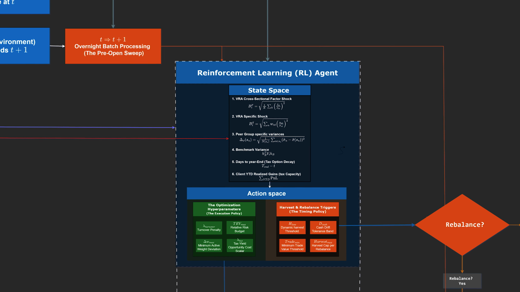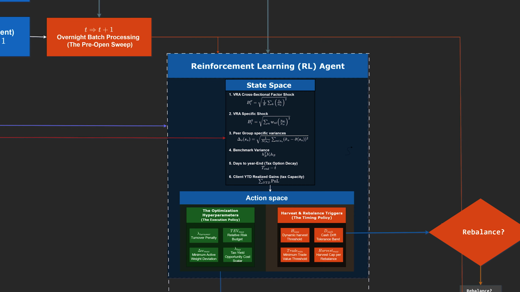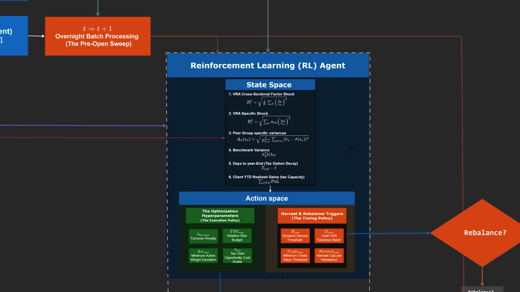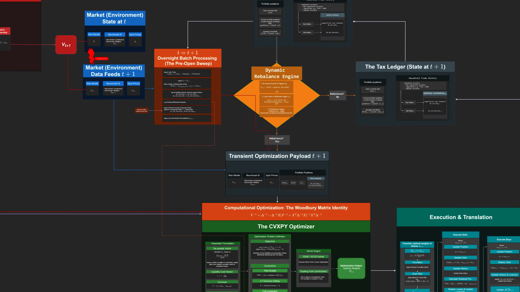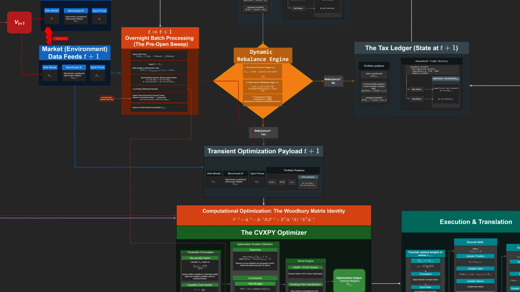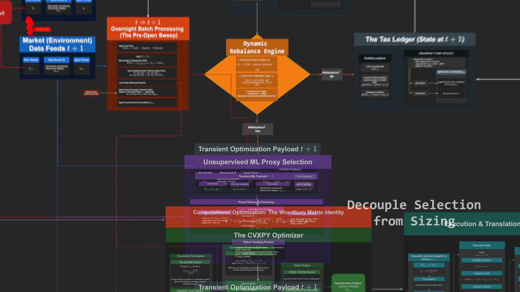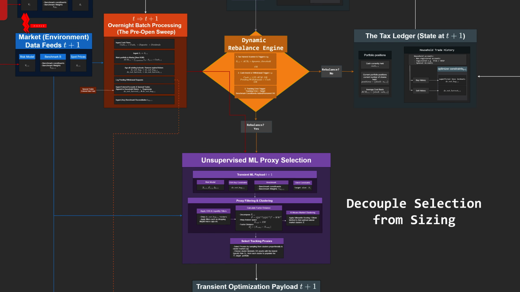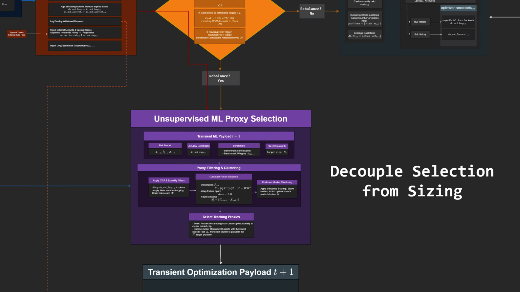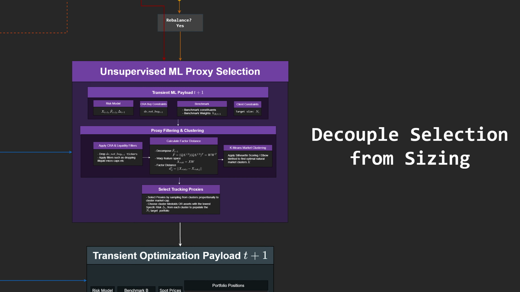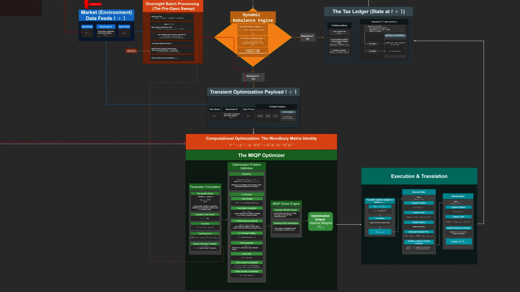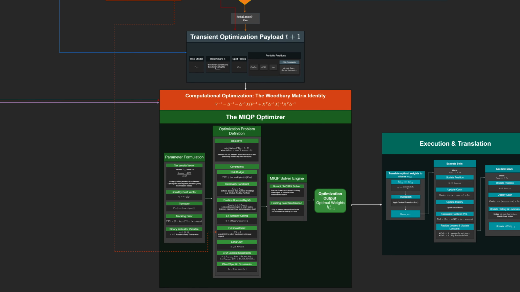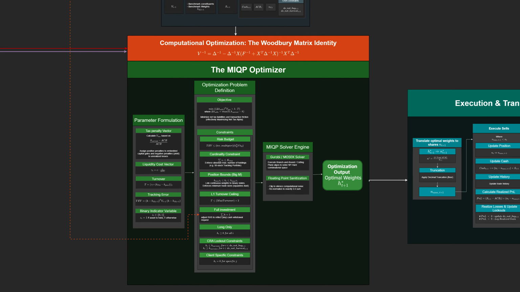I'll show you how we upgrade the passive decision node with a reinforcement learning supervisory controller. We'll tackle the hardest problem in retail direct indexing, which is the tracking portfolio problem, showing how we manage cardinality constraints by either decoupling selection and sizing through covariance-weighted clustering or by elevating continuous QCQP solvers to mixed integer quadratic programming.